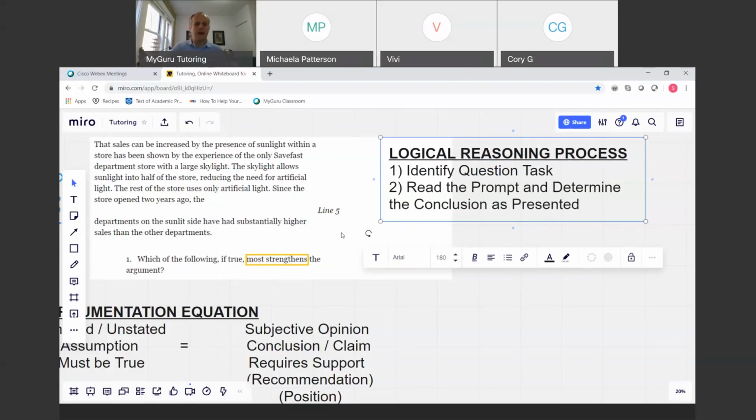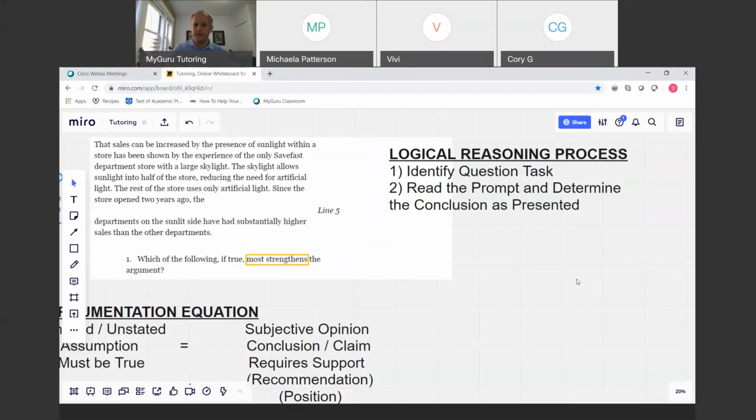So I will allow everyone to take a moment and just read the prompt on the page so that hopefully we can identify what that conclusion would be. So everyone take a moment, read the prompt, and then we might go back to the chat box and have someone just tell me what is the sentence that is presented as our conclusion.